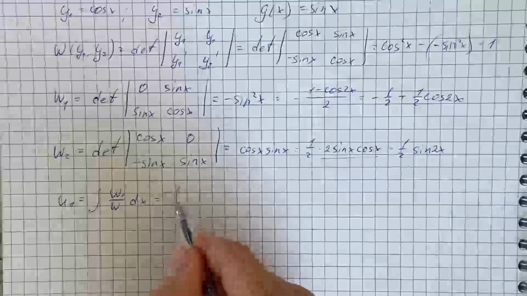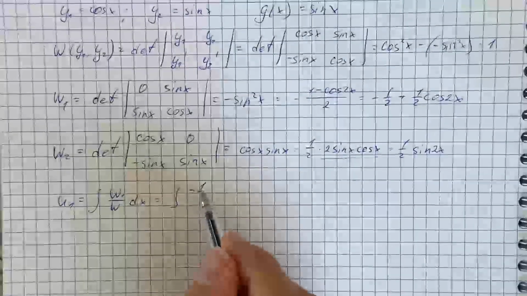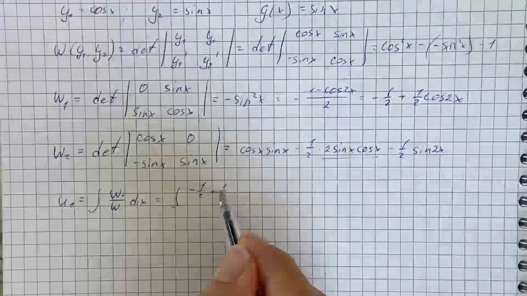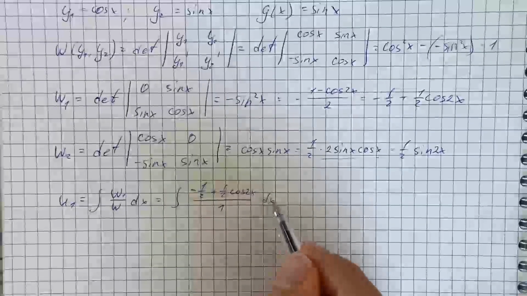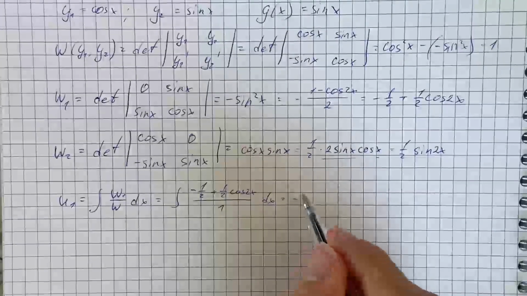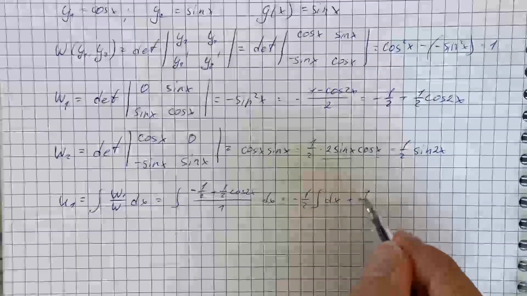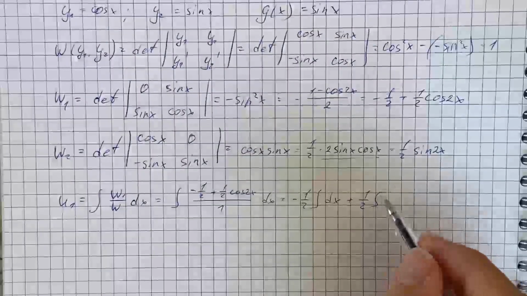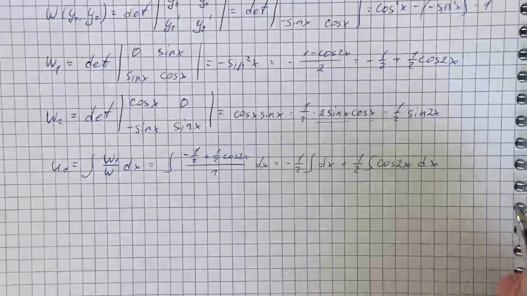So we substitute this and we get negative 1/2 plus 1/2 cosine of 2x over 1. So split this and I get negative 1/2 integral of dx plus 1/2 times the integral of cosine of 2x dx.